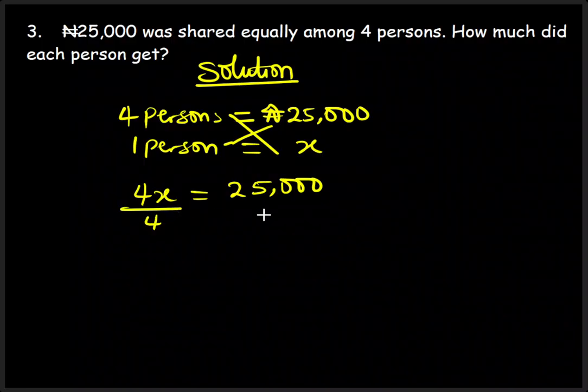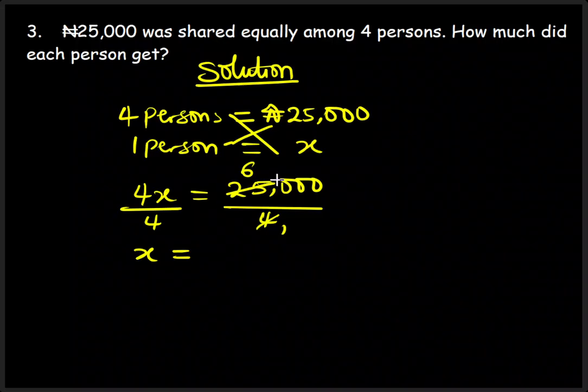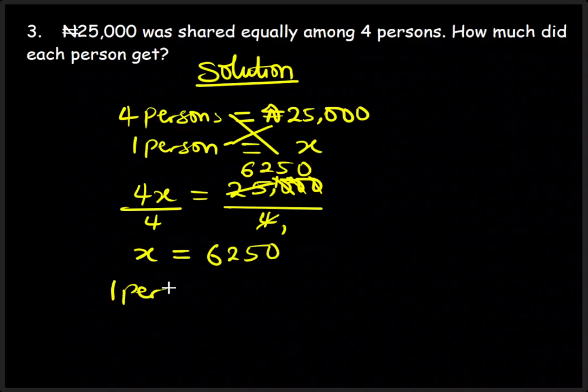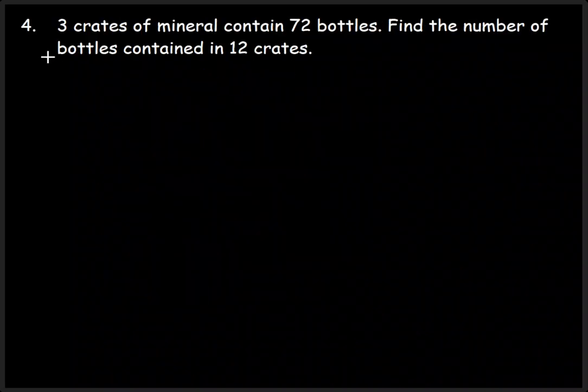So all over 4, and then our x will be equal to 4 into 25, that will be 6, remainder 1. 4 into 10, that will be 2, remainder 2. 4 into 20, 5, and 4 into 0, 0. So that will give us 6250. So one person will be getting 6,250 naira. Okay, let's move to number 4.